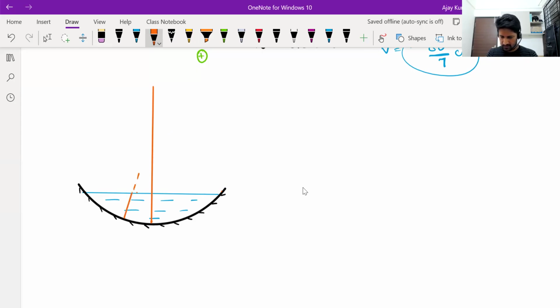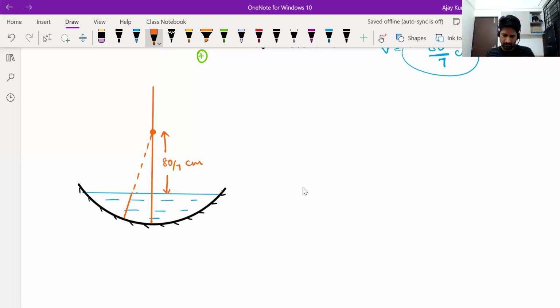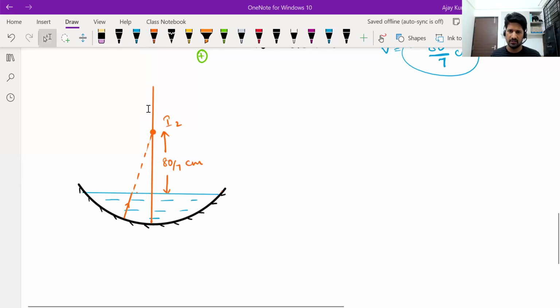It is traveling this way. And had there not been another refraction, they would have met here at 80 by 7 centimeters. That is I2. For the refraction of light going from water into air now, finally the light that leaves the system, I2 is the object.